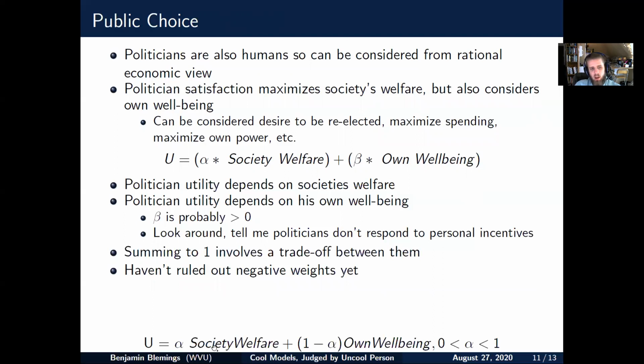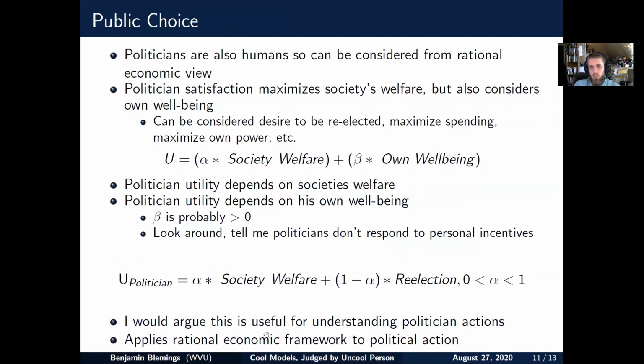But if we make alpha the same and change beta to 1 minus alpha, and require alpha to be between 0 and 1, then it's easy to think of these as percentage weights, because they'll add to 1. So this could be 0.5, 0.5, so they care equally about society's welfare, or 75, 25, so they care 3/4 about society's welfare and 1/4 about themselves. It's just a way to make it more specific and intuitive to interpret.